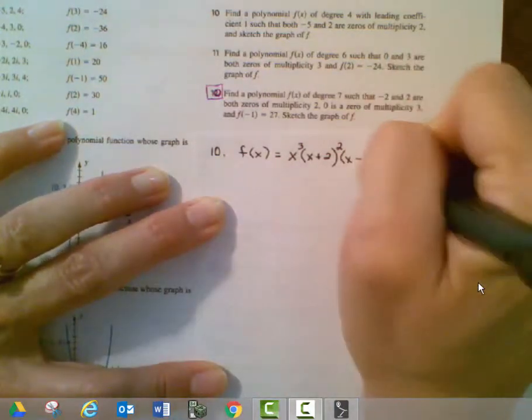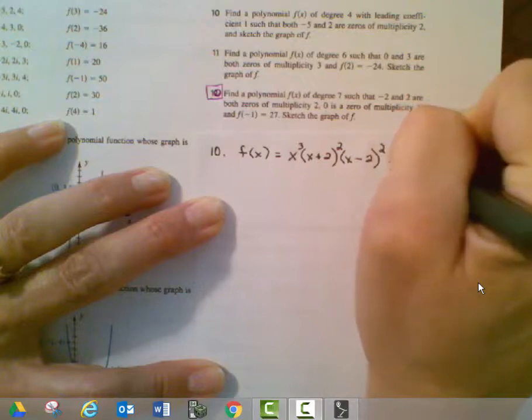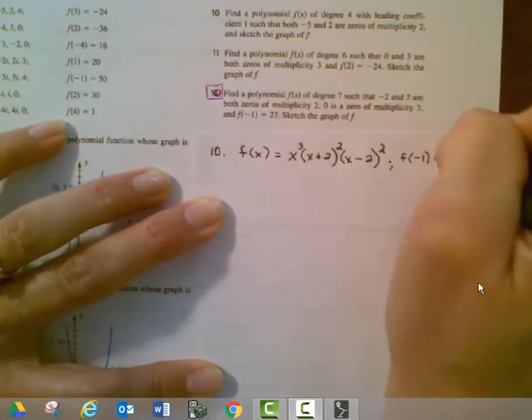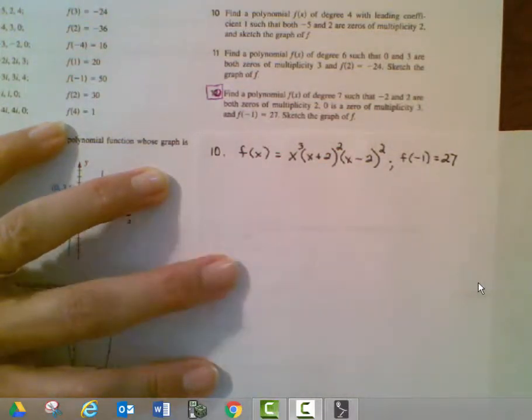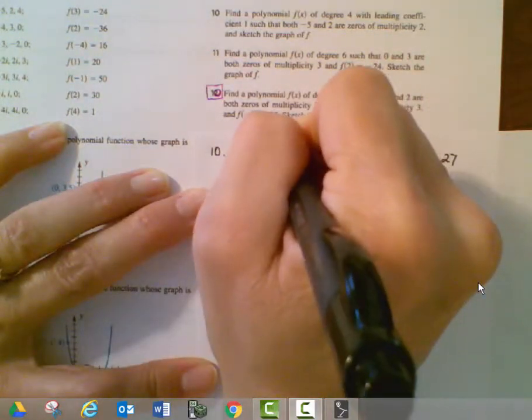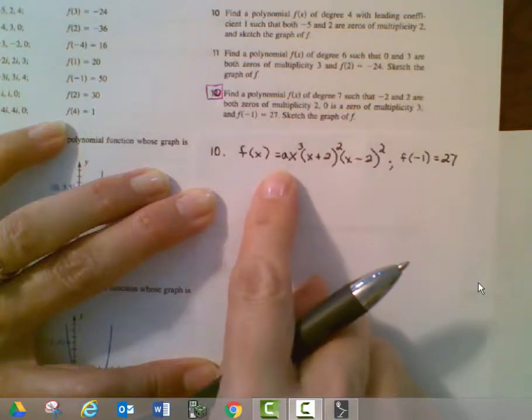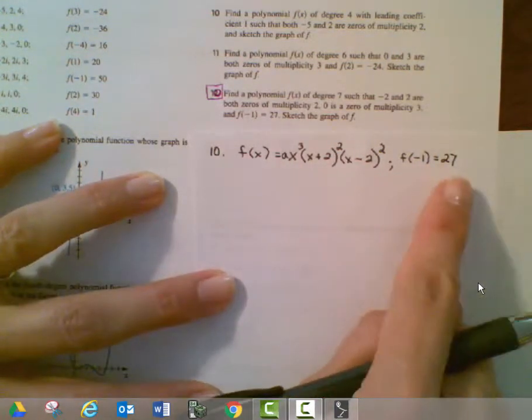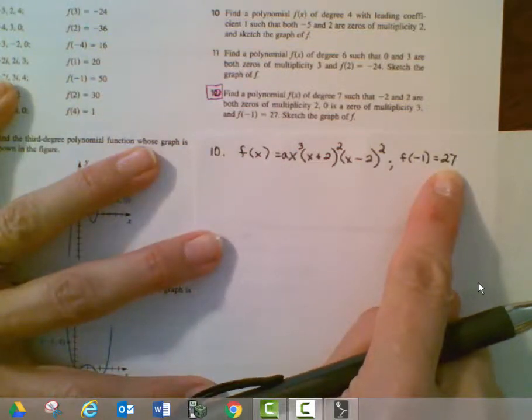What I don't yet have is this last condition, f of -1 equals 27. Well, that means I need to solve for the coefficient a, such that if x was -1, y would be 27.